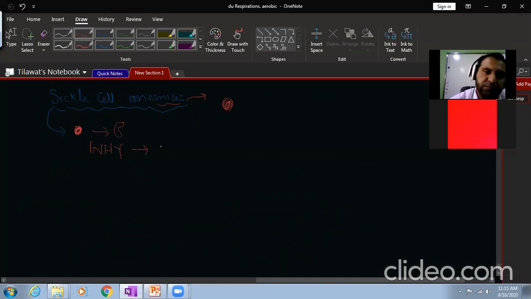Let's suppose this is our red blood cell, right? And this red blood cell contains many hemoglobin. And this hemoglobin consists of what? Globin protein, right? Globin plus iron, both form hemoglobin.